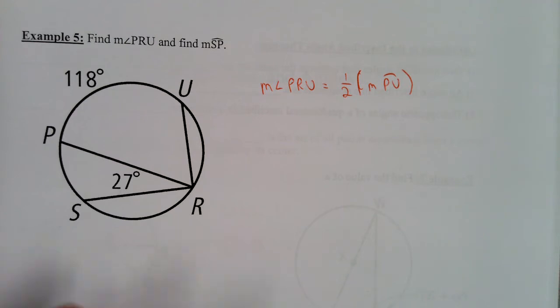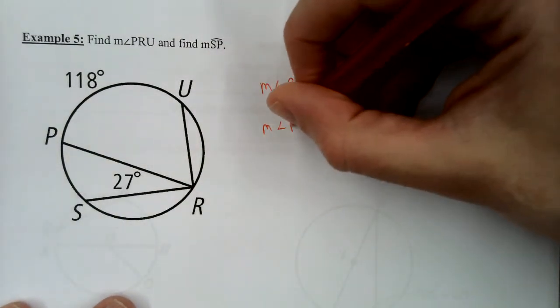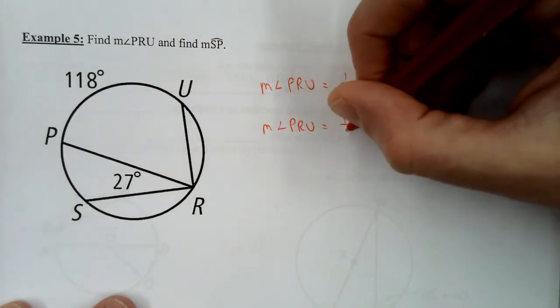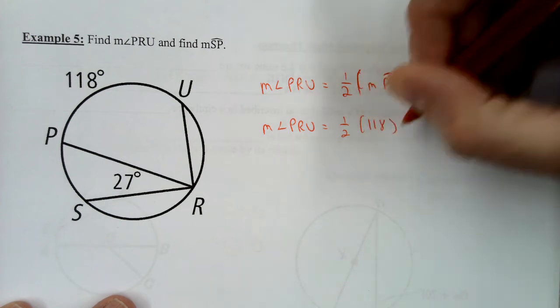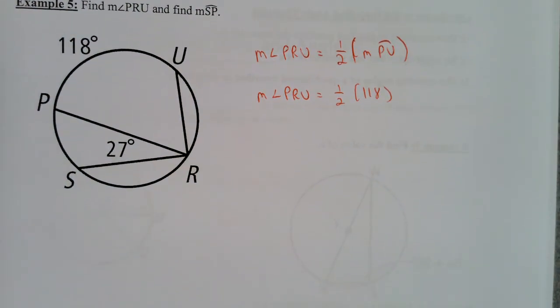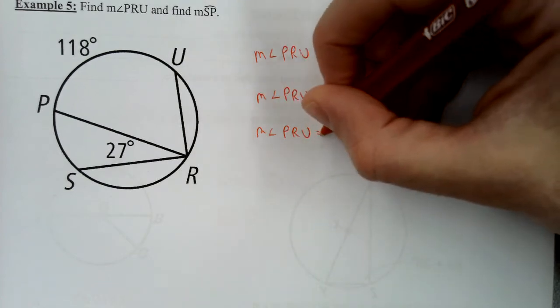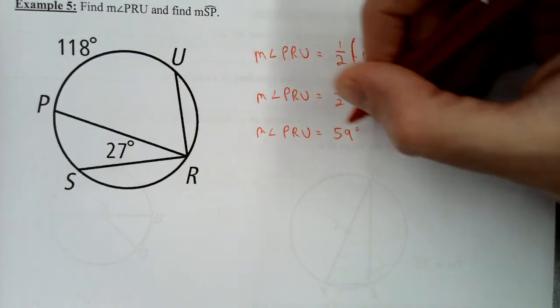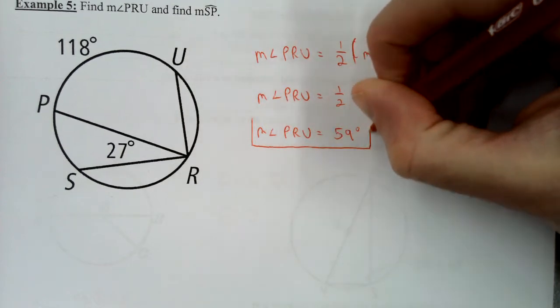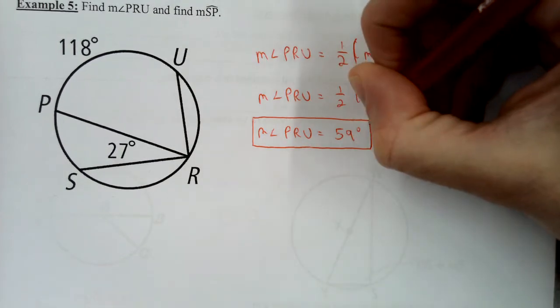It's 1/2 of 118. Just showing you how I'm doing that. So it's 59 degrees. So central angles equal the arcs they intercept. Inscribed angles are half the arcs they intercept.